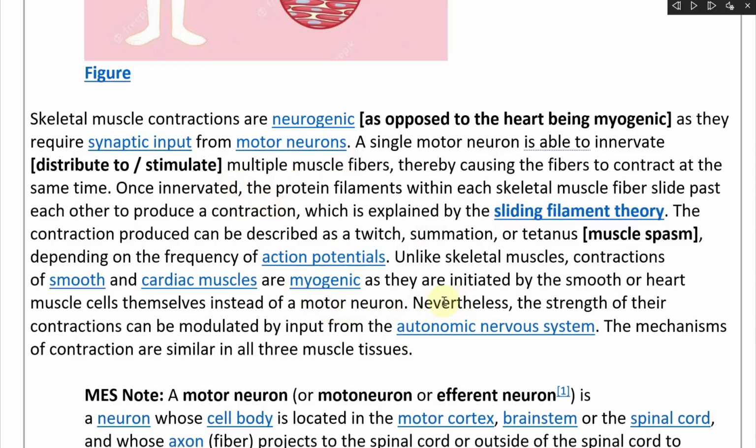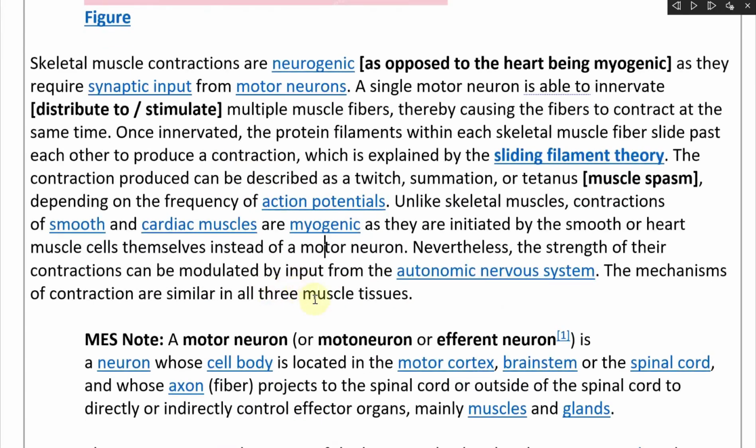Nevertheless, the strength of their contractions can be modulated by input from the autonomic nervous system. The mechanisms of contraction are similar in all three muscle tissues, but the main difference is myogenic smooth and cardiac versus neurogenic skeletal muscles.